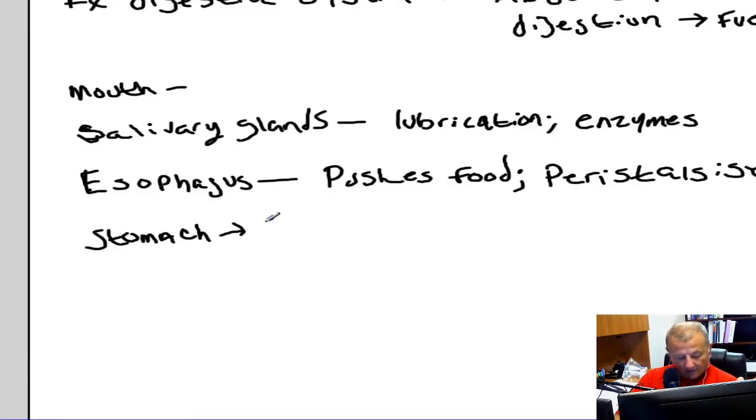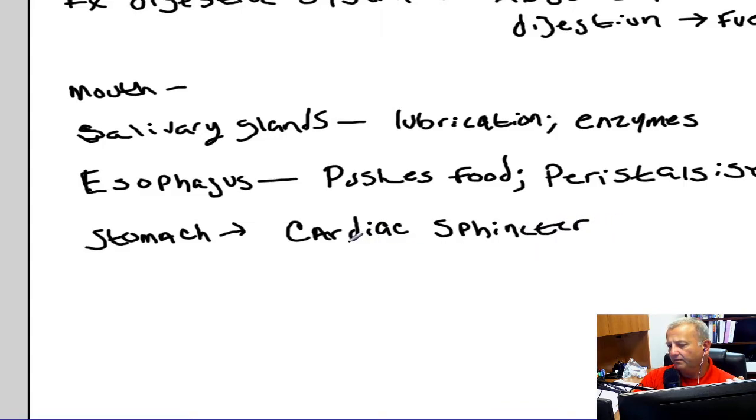But before we get there, back up just a little bit because I want to talk about the anatomy behind this. You have the junction where the esophagus and stomach meet, and that's called the cardiac sphincter. Okay, the junction.